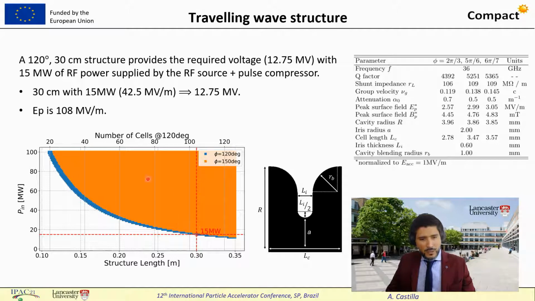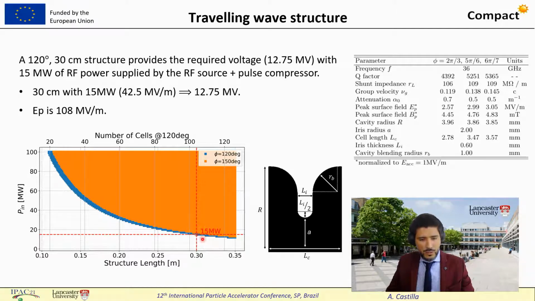So in orange you can see all the possible states of length and input power at which we can obtain at least 12.75 megavolts from these structures, in orange for the 150 degrees phase advance and in blue for the 120.